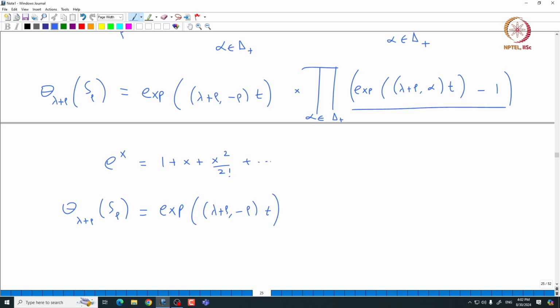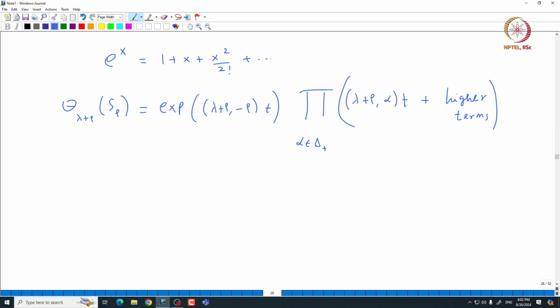It starts with x, which is ⟨λ+ρ, α⟩t. So, this is going to be just the product of ⟨λ+ρ, α⟩t, α in Δ⁺, plus some higher terms. Higher terms means higher terms in t powers. So, this is the term that we are getting on the right side.